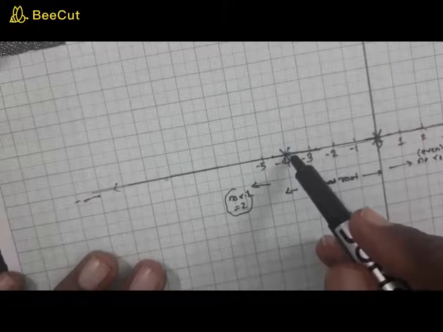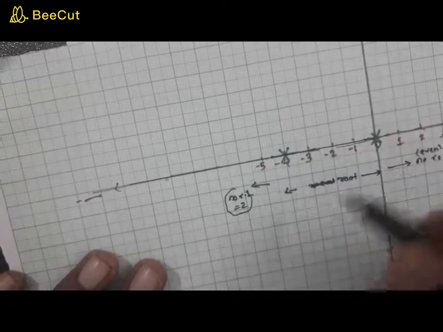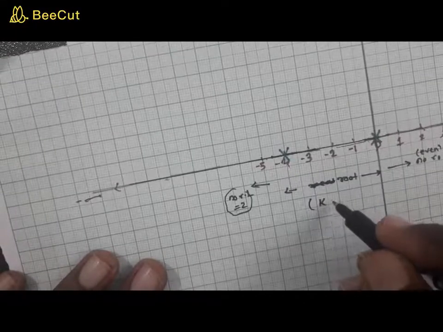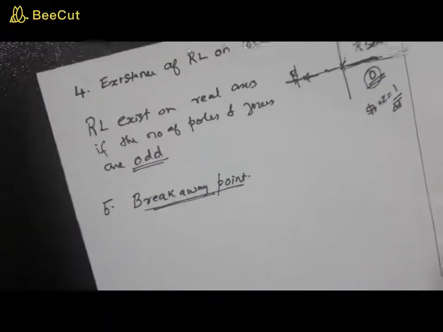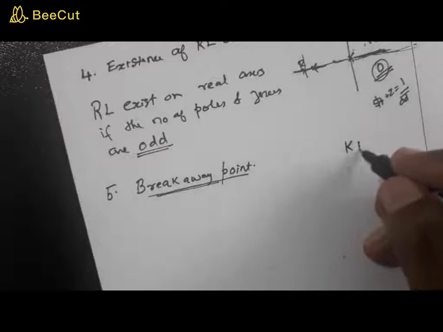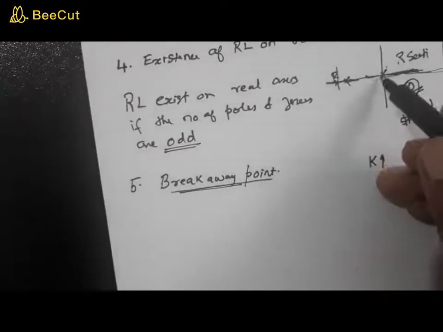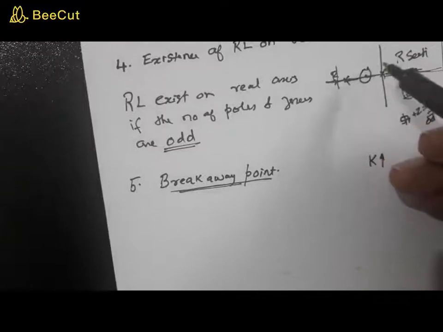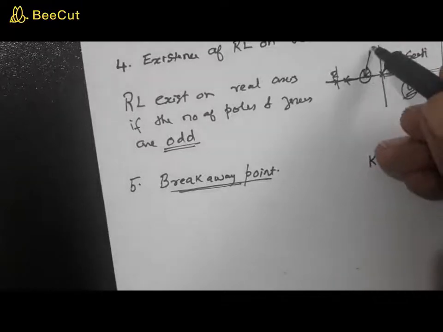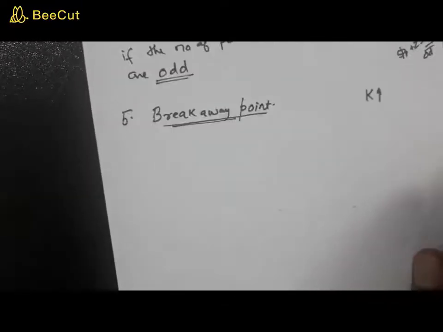Now, how do we find the breakaway point? We know that these poles move in this direction as k increases, right? That's what we have seen in the previous example. So as k increases, these poles move in this direction and meet at a particular point, and that point corresponds to a particular k.